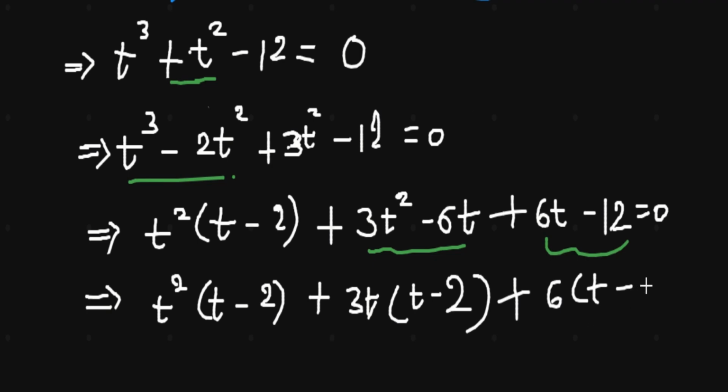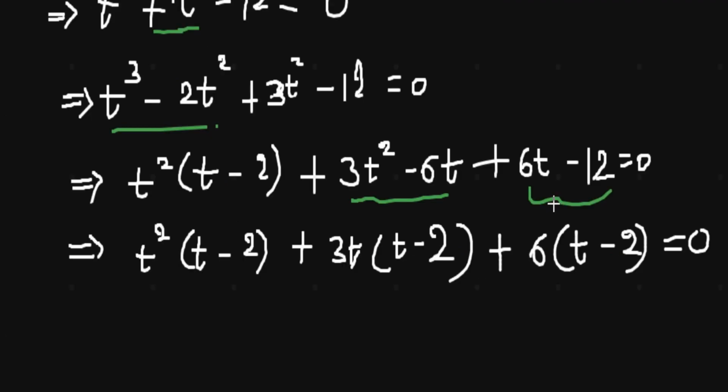So we have written 60 minus 12 as 6 into t minus 2 here. So t square into t minus 2 plus 3t into t minus 2 plus 6 into t minus 2 is equal to 0 here.